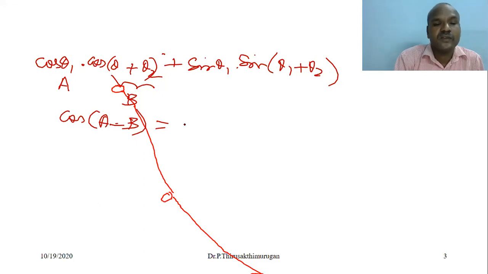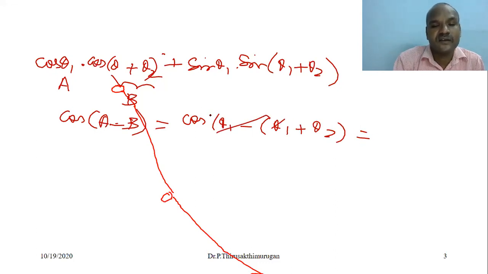So A is theta 1, minus theta 1 plus theta 2. So theta 1 cancels, so cos of minus theta 2. Cos of minus theta 2 is cos theta 2 only, the even property.